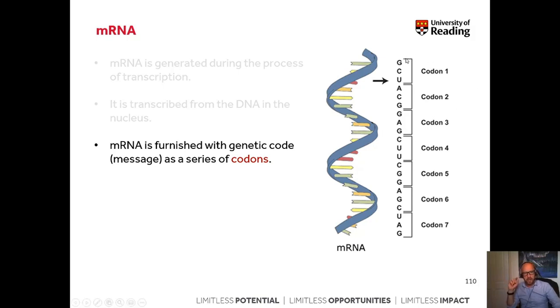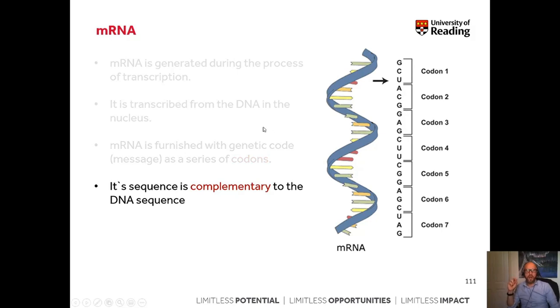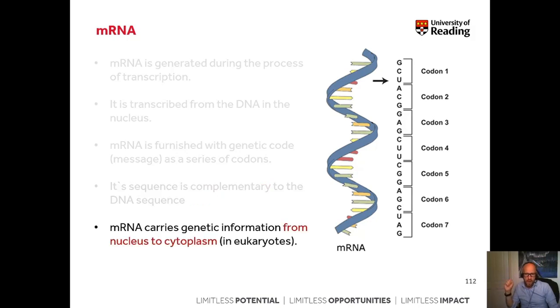So this sequence, GCU, will produce a different amino acid than this codon, which is ACG.